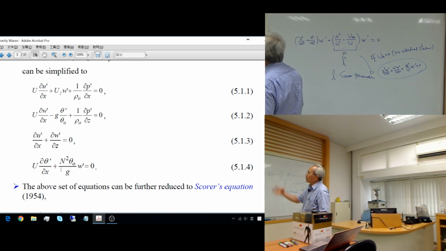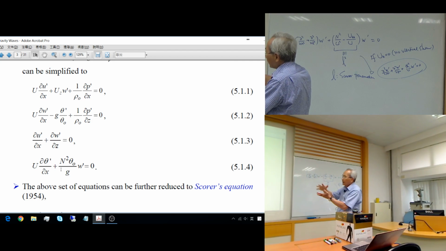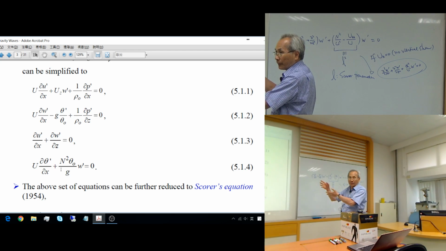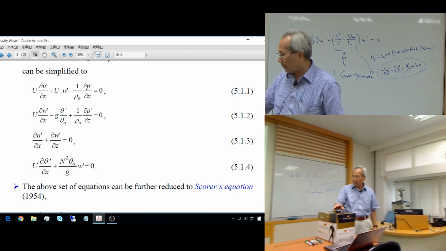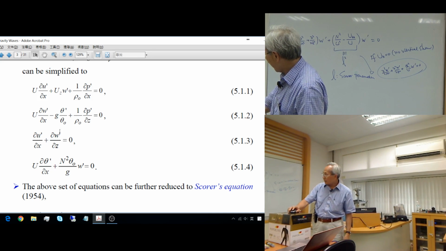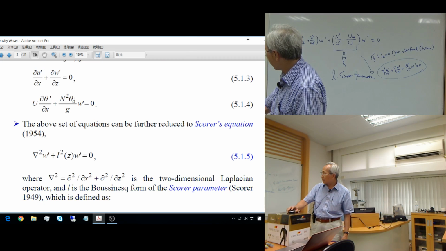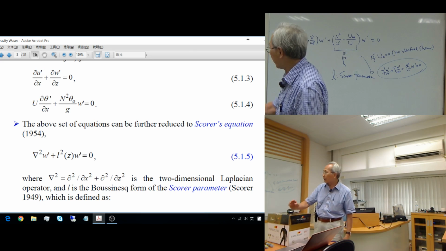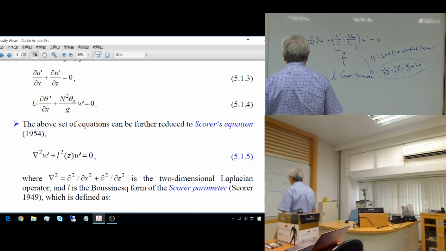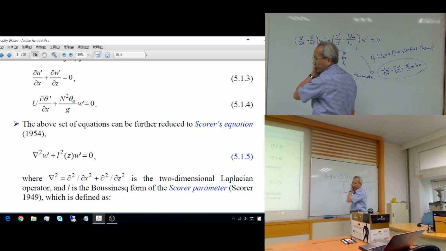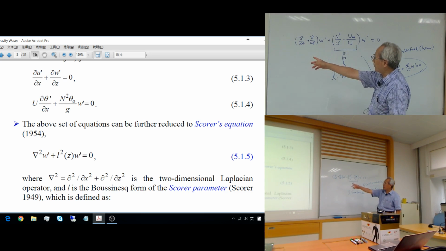So those four equations can be combined together in terms of W prime. Then that equation will become like this. This is also called Scorer's equation, and Scorer probably was the first one to reduce it to this form.